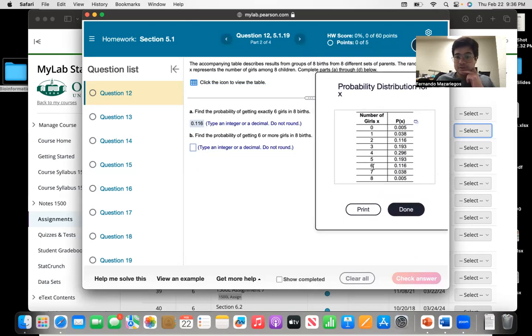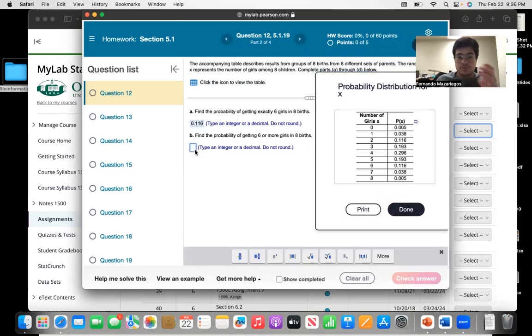So now we could have 6, which we know is 0.116, but that is not the only case we are interested in because we want 6 or more. So we could also have 7. For 7, the probability is 0.038. For 8, the probability is 0.005. Why am I adding? Remember, from section 4.2, the addition rule.